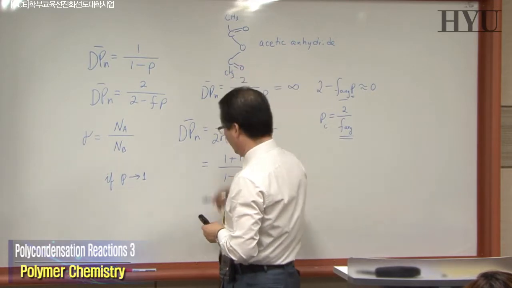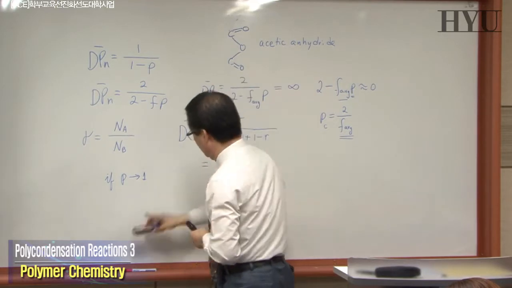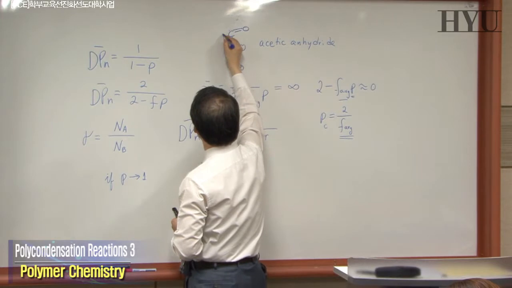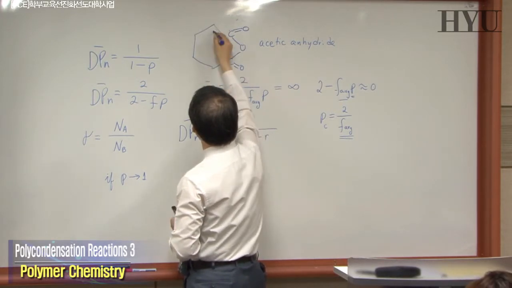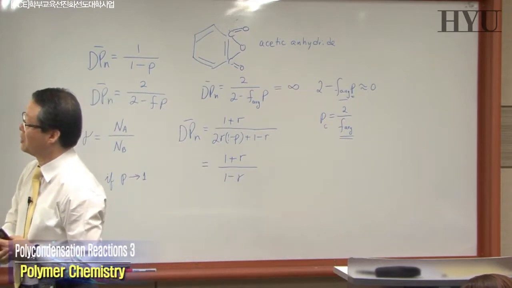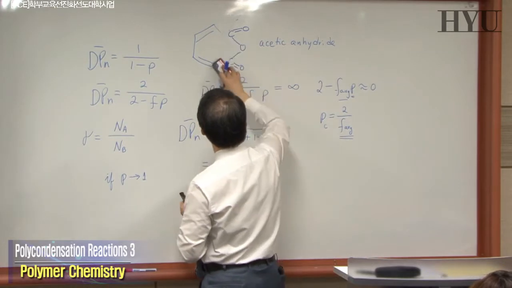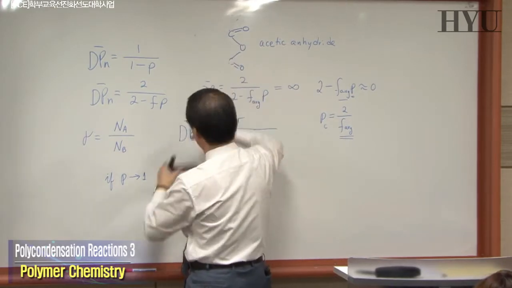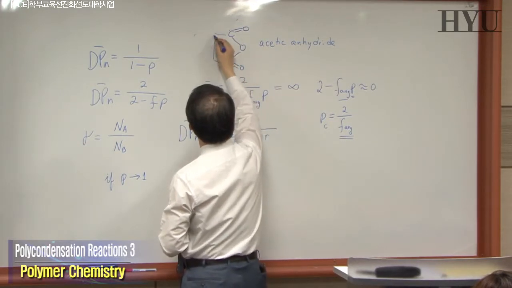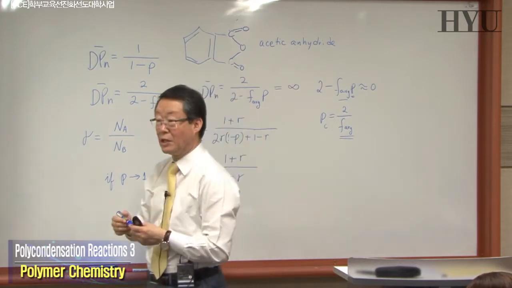Okay, but if you have a benzene ring, we call this phthalic anhydride.